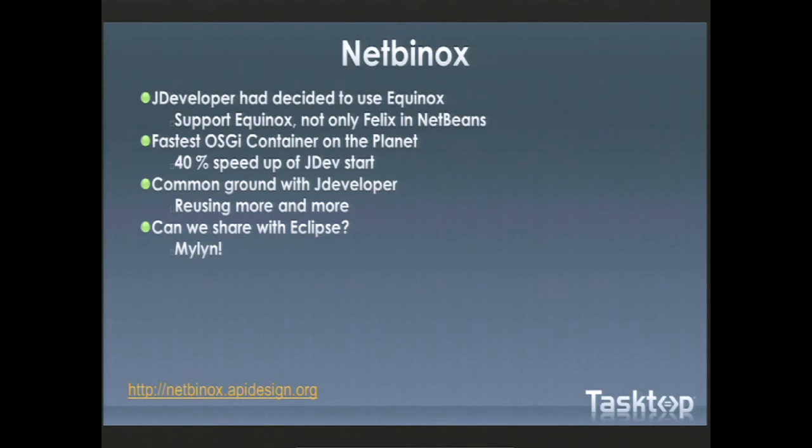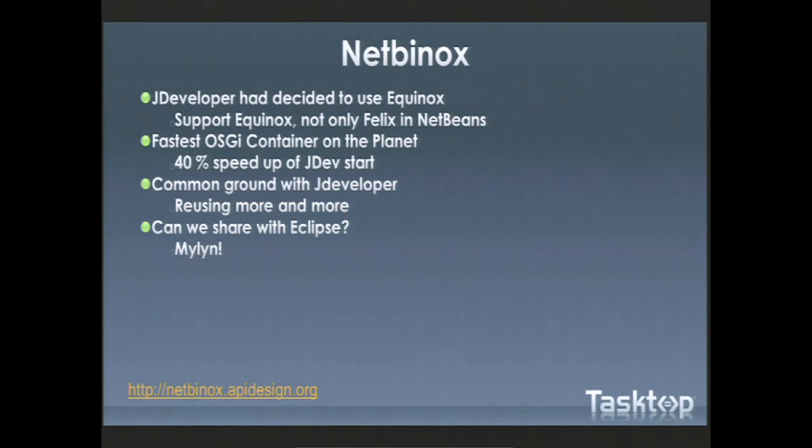It's an OSGi meta container. It has support for many hooks, and by implementing these hooks, you can basically change the behavior of Equinox and get something different. So there is a class loading hook, which I implemented to basically load the classes from the NetBeans module, and I could use the official Equinox API. I didn't have to do the dirty tricks like in the case of Felix.